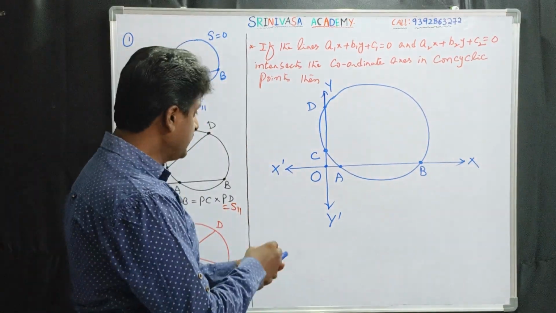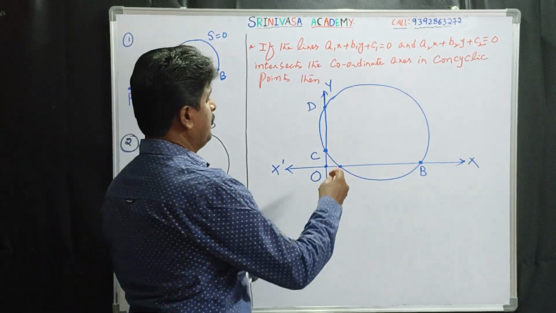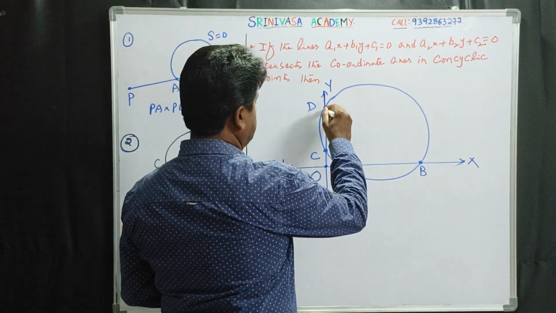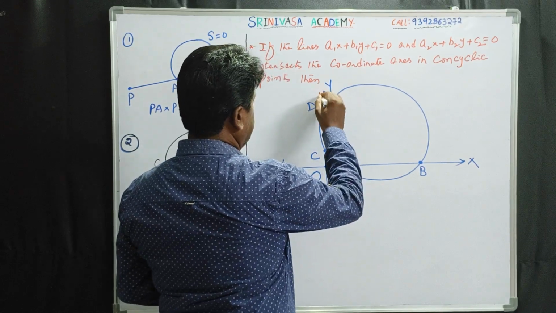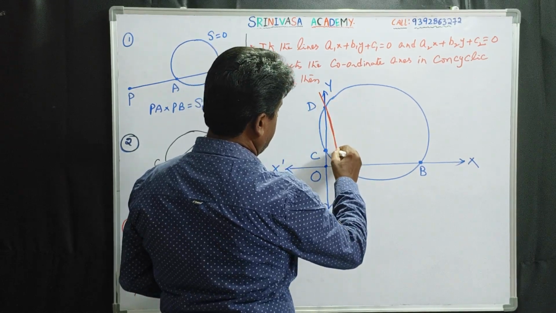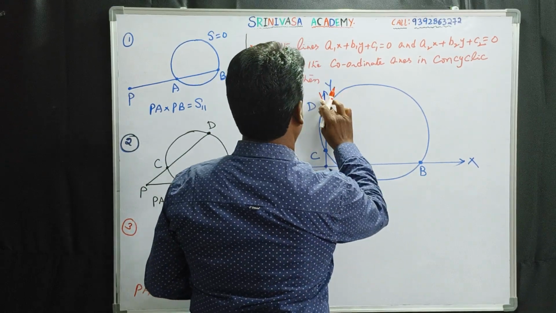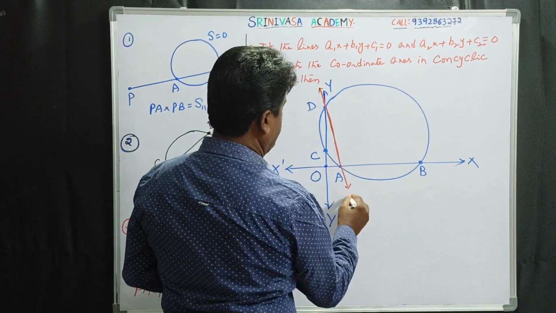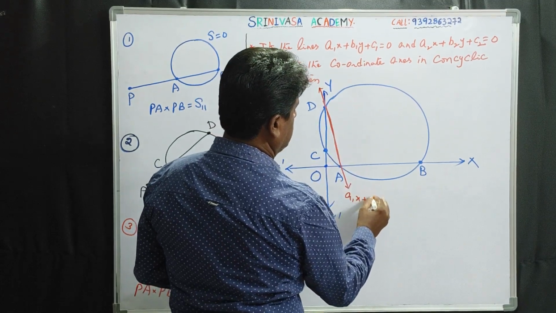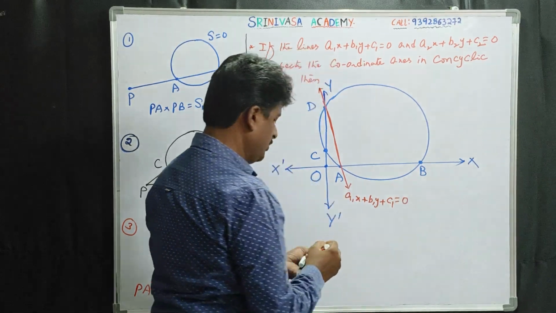Okay, let those equations be. One of the straight lines is AD. For example, this is a straight line passing through A and D. Let it be A1x plus B1y plus C1 is equal to 0.